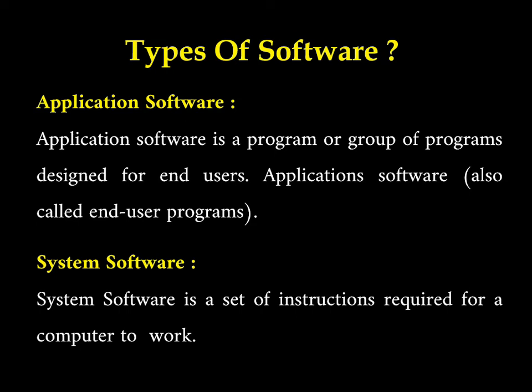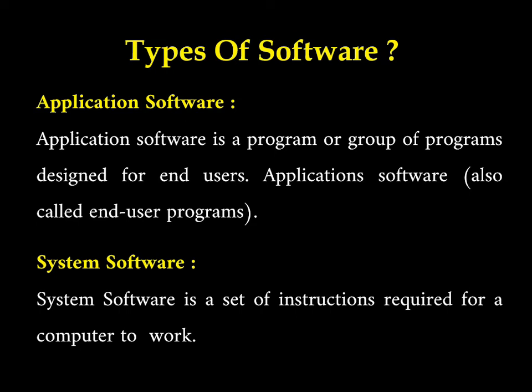The operating system usually comes preloaded on any computer. Wherever you purchase a computer, whether desktop or laptop, an operating system is there by default. When you start the computer, first the operating system runs, and then you can work on the computer. To work on the computer you require application software. Only system software on a computer is not enough to work; under the system software there are application software.